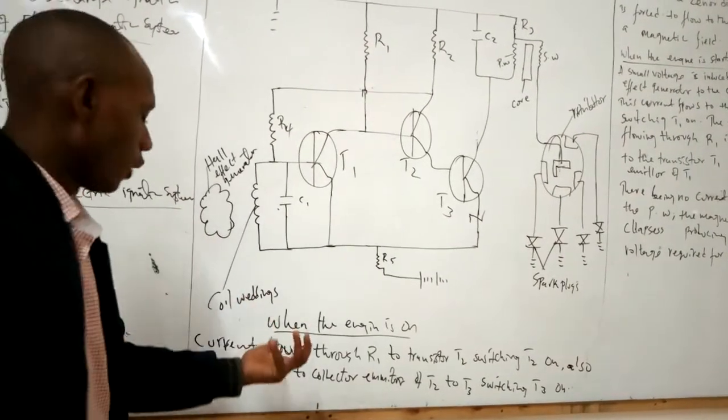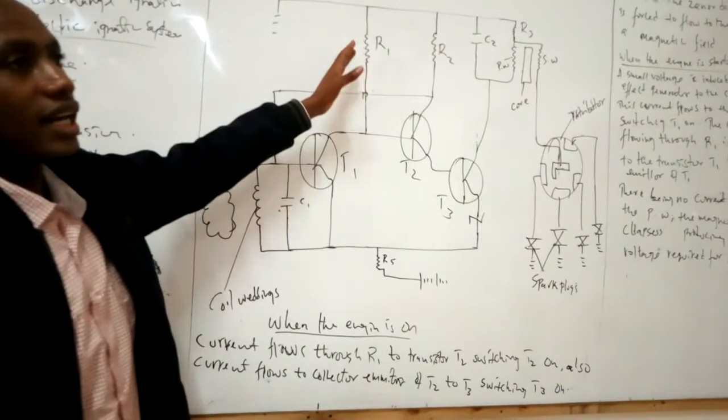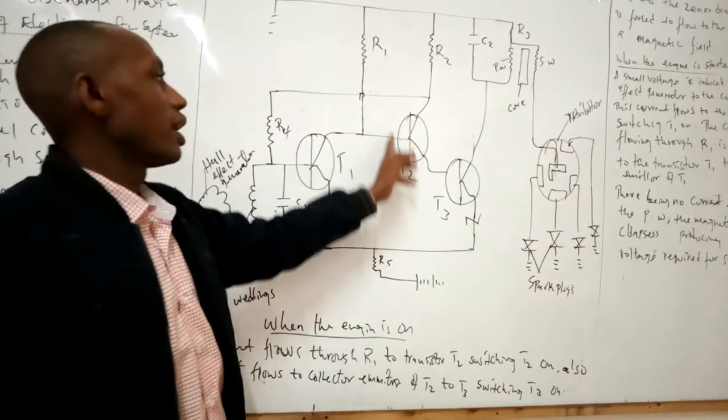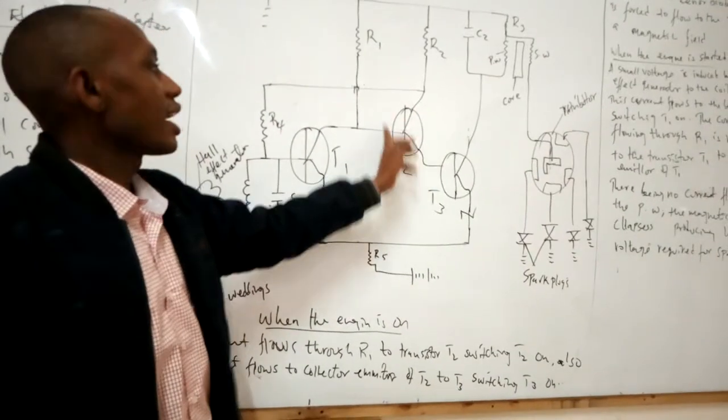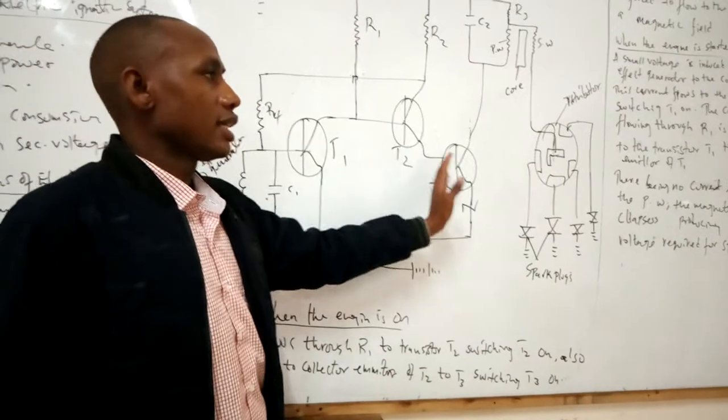When you are putting the engine on, the current will flow through R1 to the transistor T2, switching transistor T2 on. The current also flows to the transistor T3, switching the transistor T3 on.